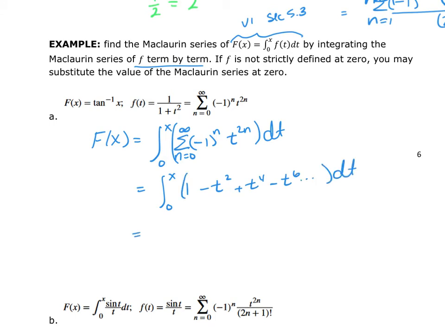When I integrate this, it's going to be t, then t to the 3rd power divided by 3, plus t to the 5th power divided by 5, minus t to the 7th power divided by 7, evaluated from 0 to x.